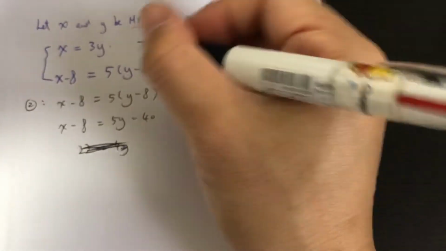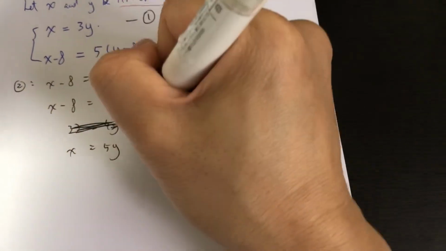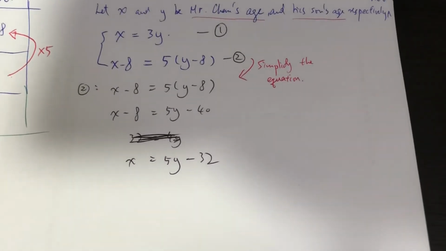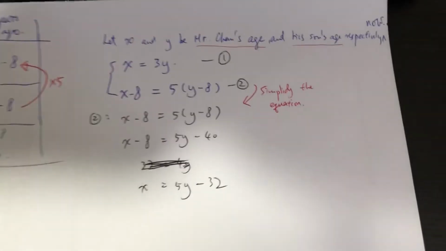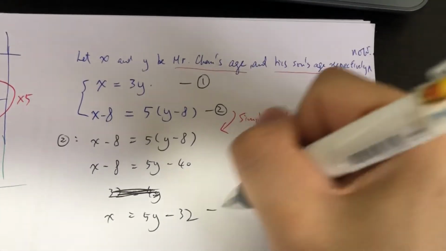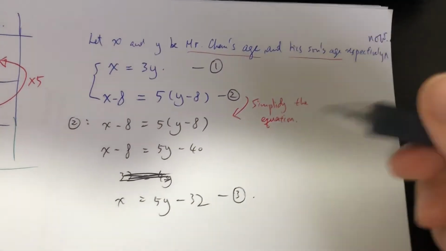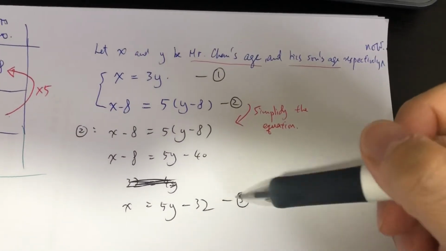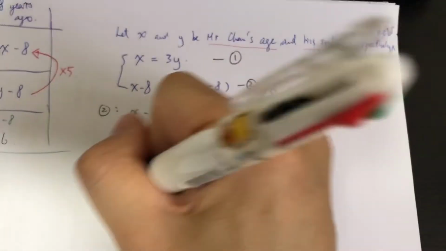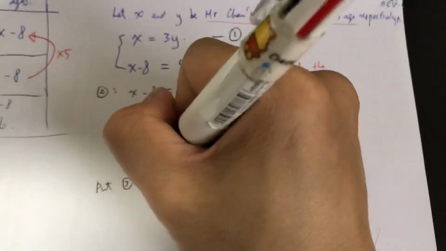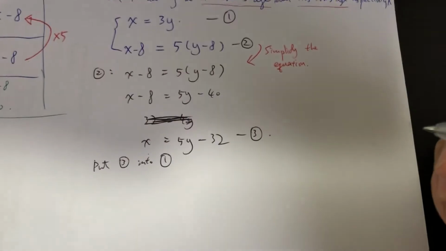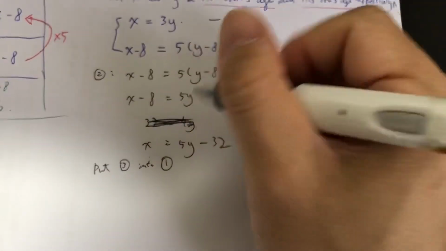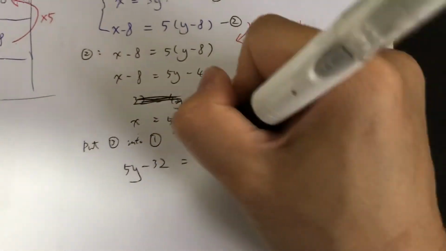Then we see that both equation 1 and the new equation, let's say equation 3, have the same subject x, so we can combine them. Put 3 into 1, so the x becomes the new representation of x.